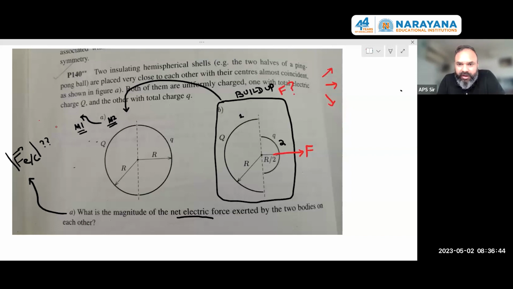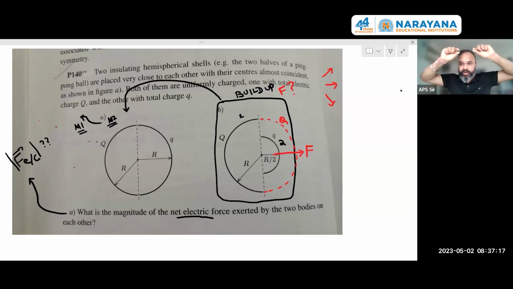Fine. Now I'll make a construction. Let us assume there is another hemispherical shell, and this one also has the same charge, capital Q. So if capital Q is on the hemisphere and it is applying a force F, let us assume there is another one symmetric to it, also carrying capital Q. Now I have a complete hollow sphere having a total charge of 2 capital Q, uniformly distributed.